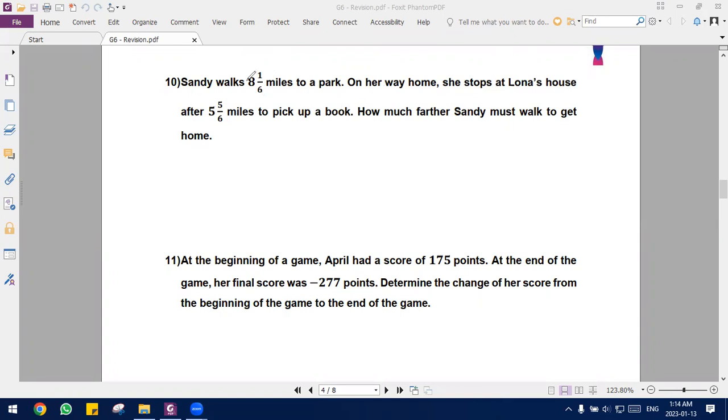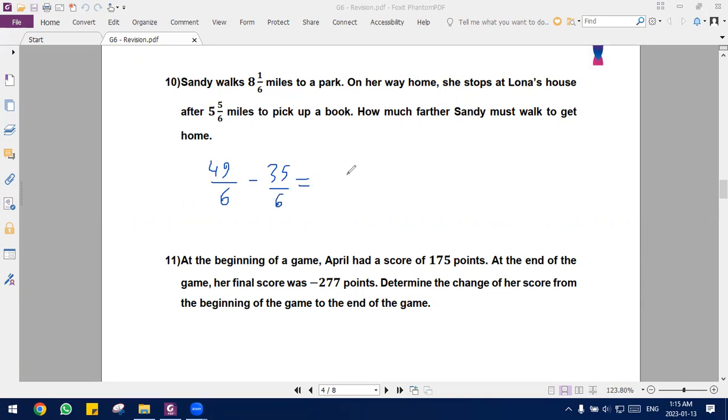Again, we do the same thing here. We multiply 8 by 6, and then we add the 1. So 8 times 6 is 48, and 1, 49 over 6, minus 5 times 6, 30, plus 5, 35 over 6.